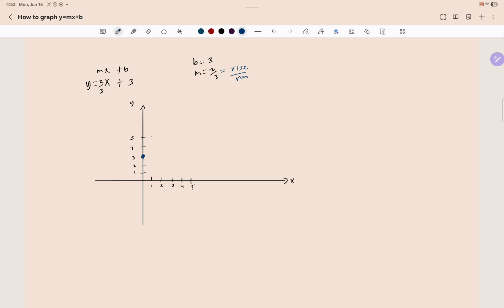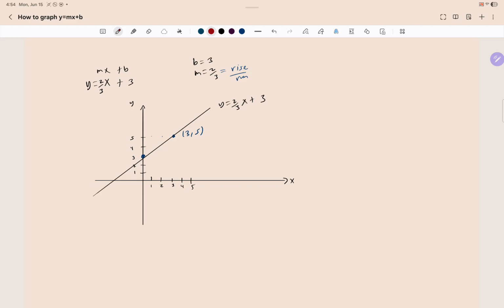So we're going to go 1, 2, 3, and this point here is going to be 3, 5. Great. And remember, once we have our 2 points, all we need to do is just draw a line between them. So this is the equation of the line 2/3 x plus 3.